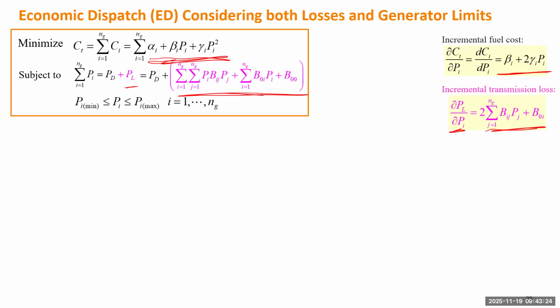We call this term the incremental transmission loss, similar to the incremental fuel cost in the first equation. Incremental transmission loss means if we increase the output of this unit, how much loss will be added to the network. So it changes linearly.